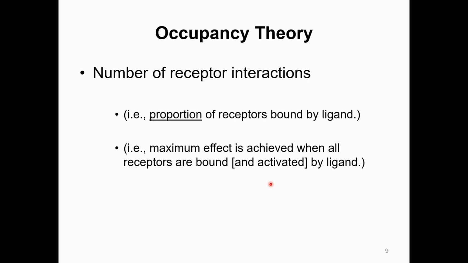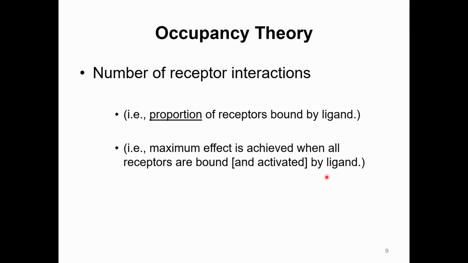So if you think about it, the maximal effect that you can ever possibly get is when all of the receptors have been bound and then activated by a ligand. Even though each cell has perhaps thousands of each type of receptor on its surface, and each cell type will have a different set of receptors expressed in that cell, you can't get more than complete saturation, right?